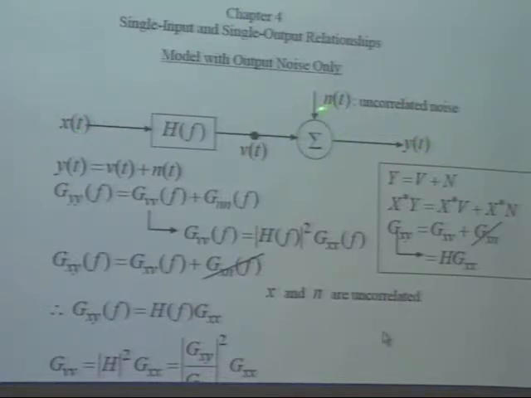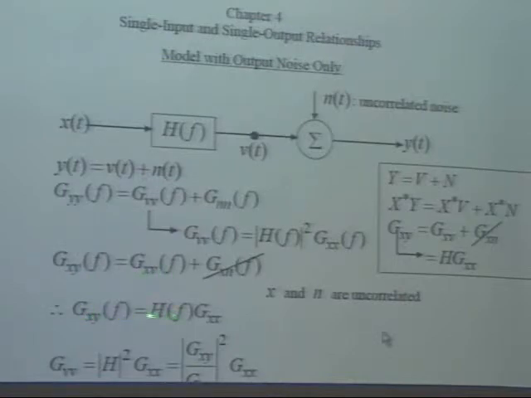This is uncorrelated, so you can delete that, then comes right here. X correlates directly to y, you can express. So Gxy is equal to H times Gxx. I think that's about it.